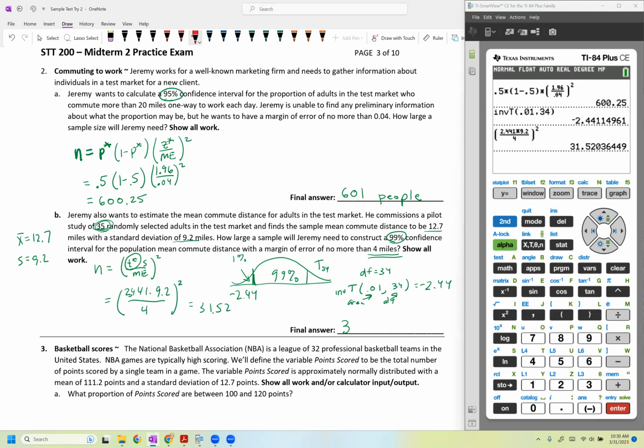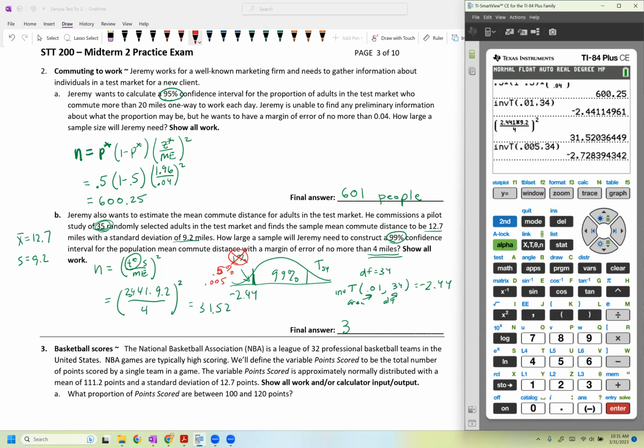If this is 99%, this is not a 1%. That's a 0.5%, or 0.005. So our t star value is incorrect. Second insert 0.005.